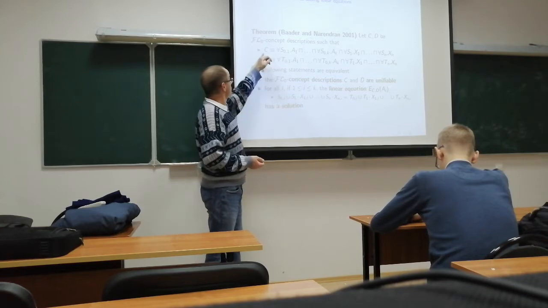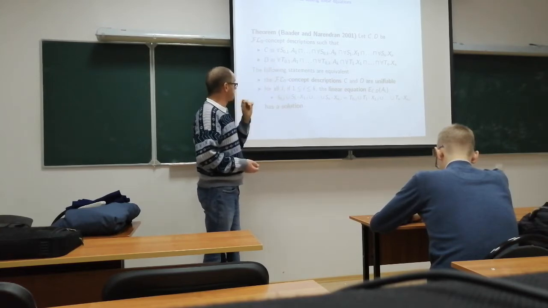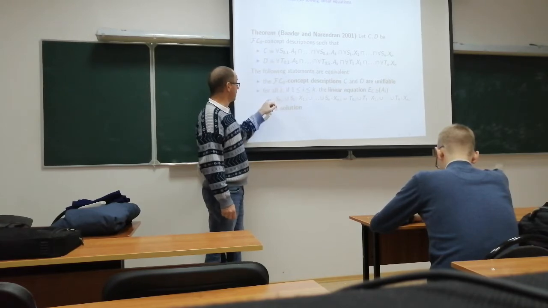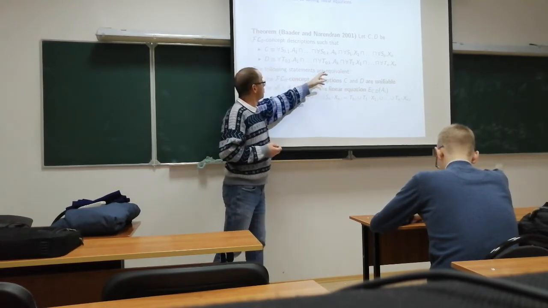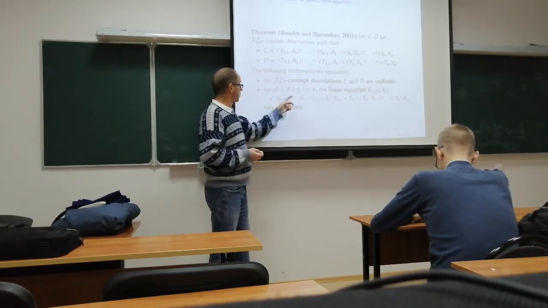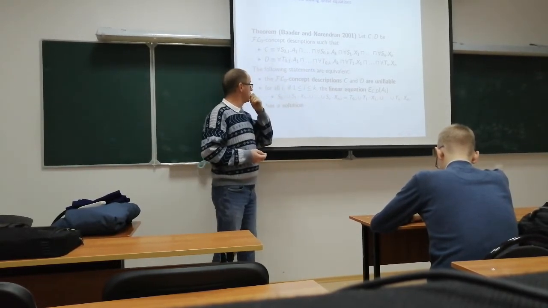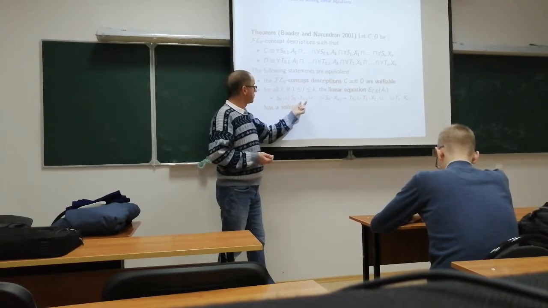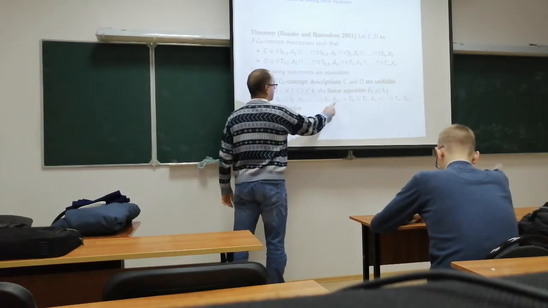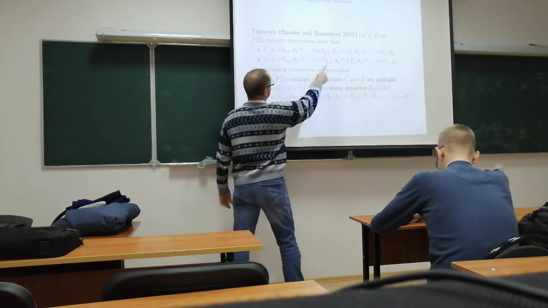Let us associate to the pair C and D k equations of that kind. K is the number of parameters in the concept. And each equation, so for example for such an integer i, consists of the following, how it is obtained. That part is the same as that part.